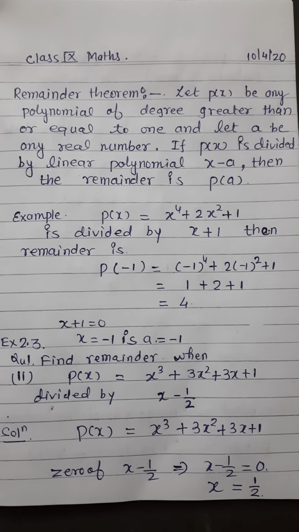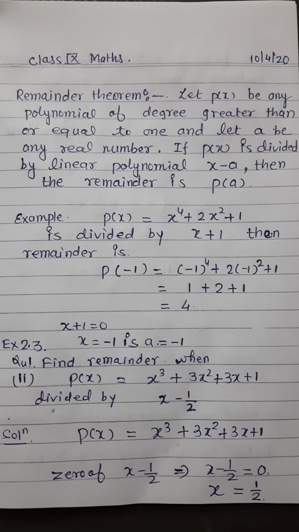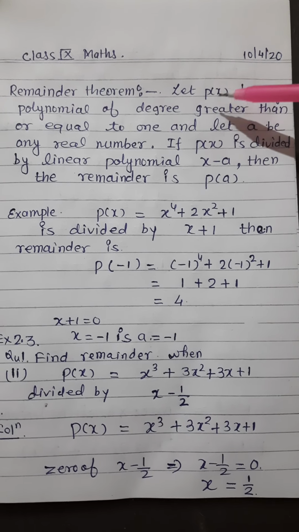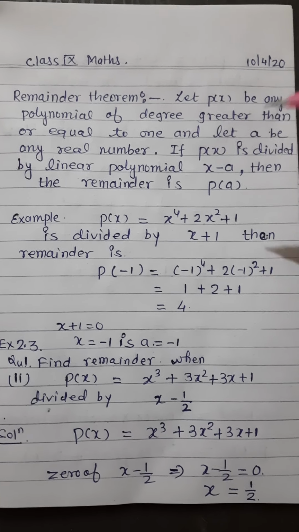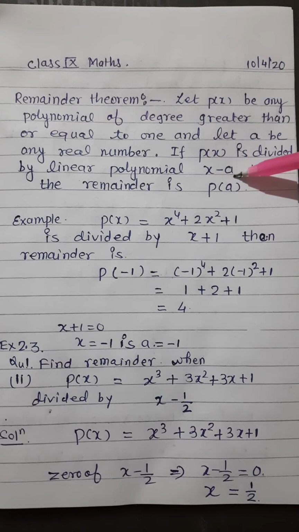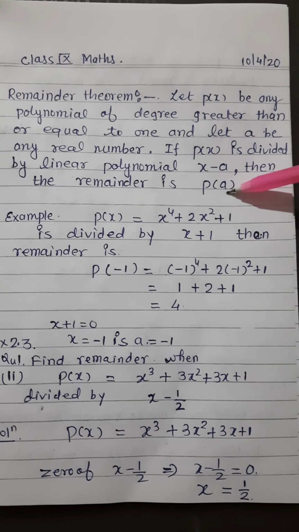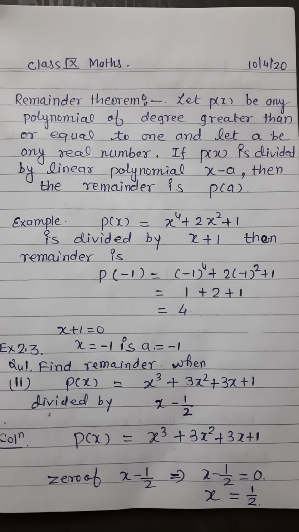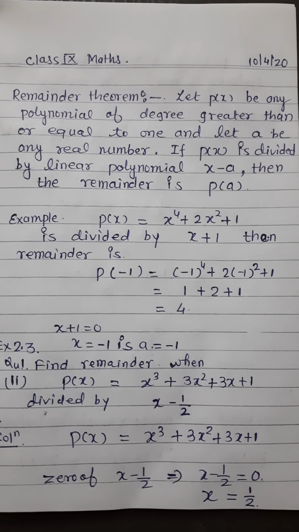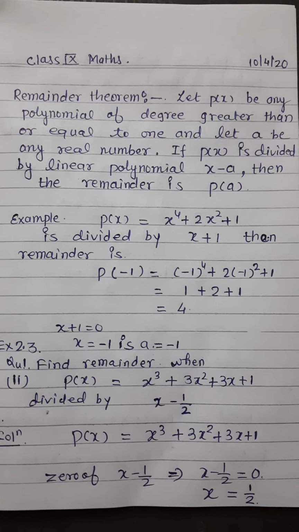So simply, in general, we can say according to the remainder theorem, if we divide any polynomial p(x) by x minus a, then we get the remainder p(a). With the help of this theorem, there is no need to divide the two polynomials; we directly get the remainder in one step.